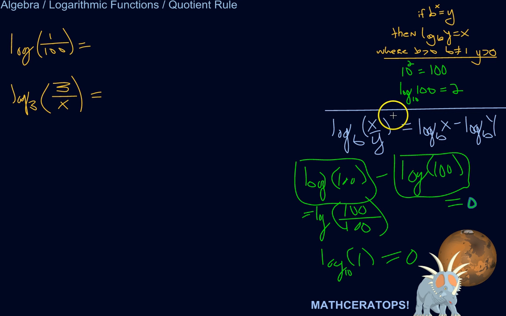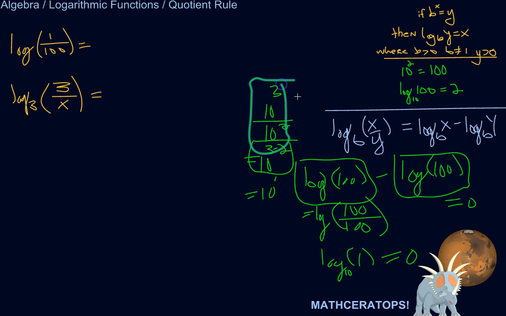What this has to do with is maybe think of it like this. What's 10 to the third divided by 10 squared? Well, that's equal to 10 to the 3 minus 2, right? Which is equal to 10 to the first, right? So this would correspond to that.